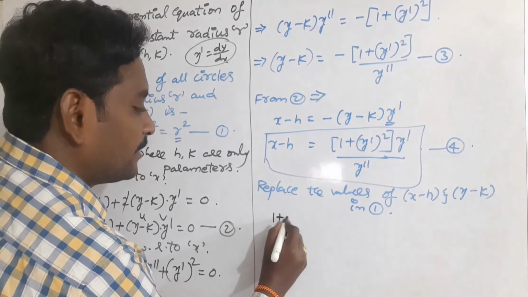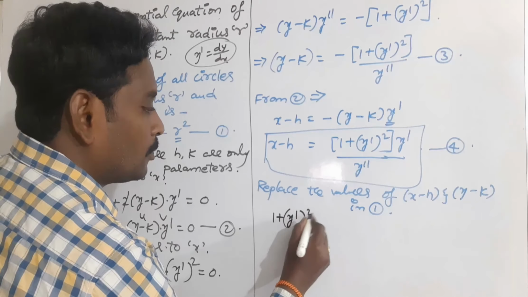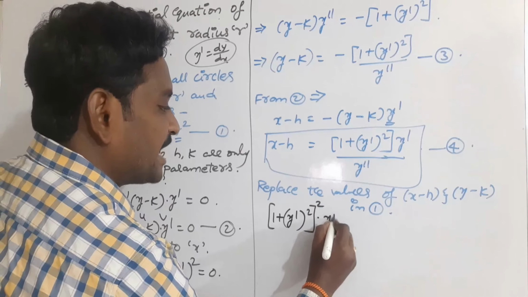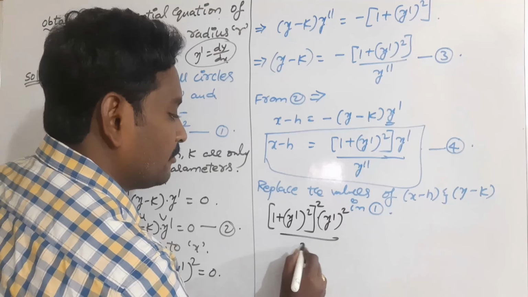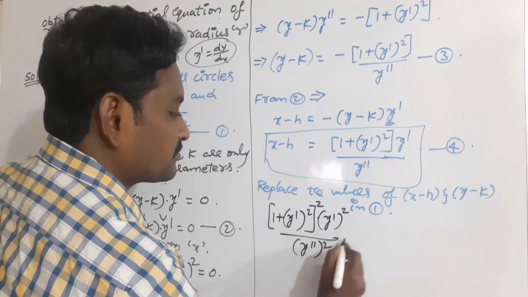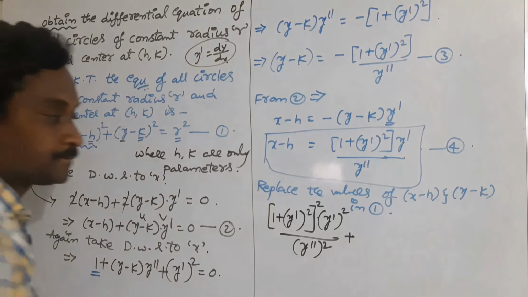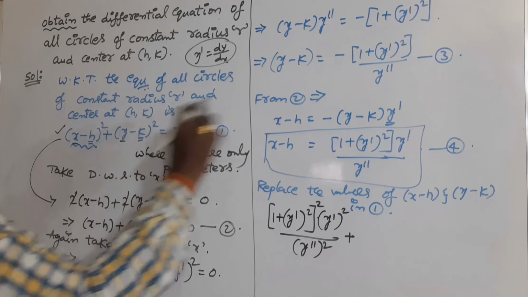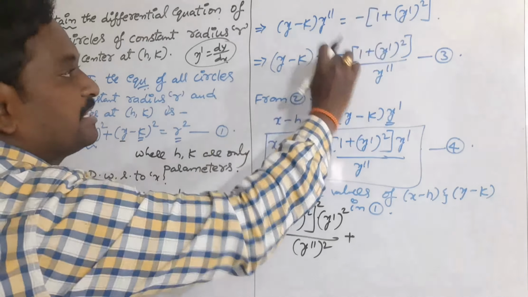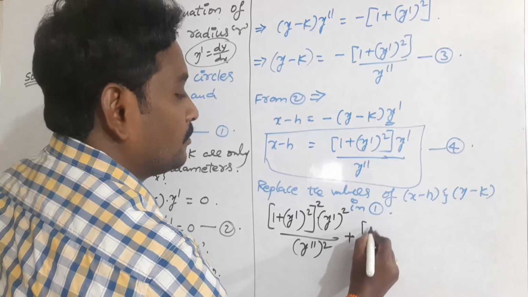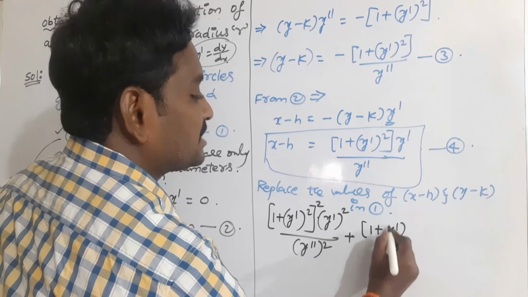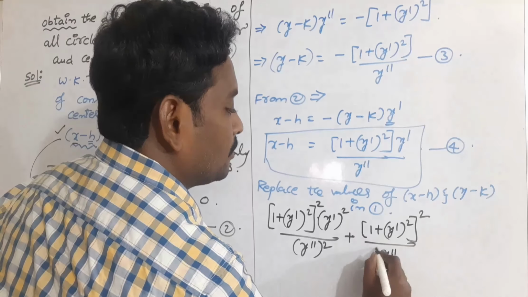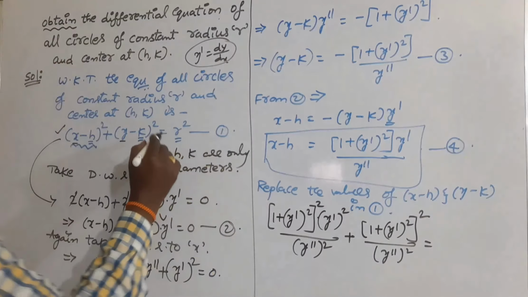You will get (1 plus y dash whole square) into y dash whole square by y double dash whole square, plus (y minus k) whole square. The square of this term, the negative whole square, is positive, so you will get (1 plus y dash whole square) by y double dash whole square is equal to, what is the right hand side term?